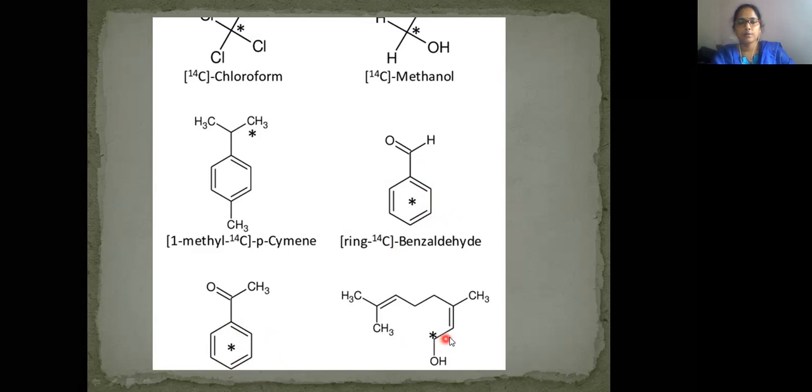And here also we are replacing this carbon with radioisotopes, so that we can study the reactions, and the position of these radiolabeled isotopes will give you the type of reaction taking place, bond cleavage, bond formation, whatever is taking place in a reaction.